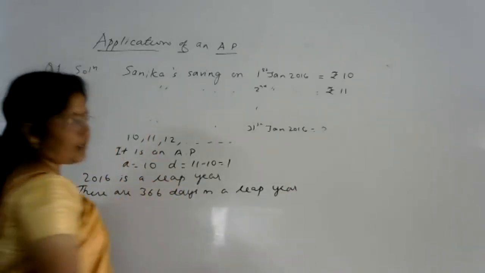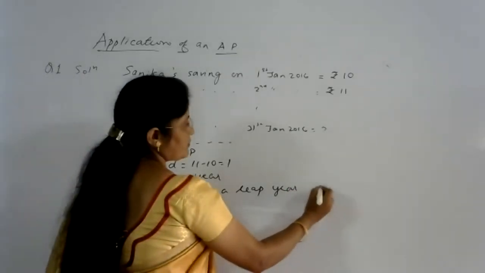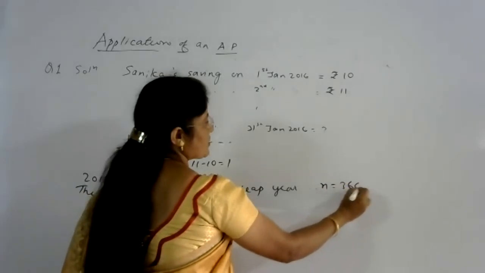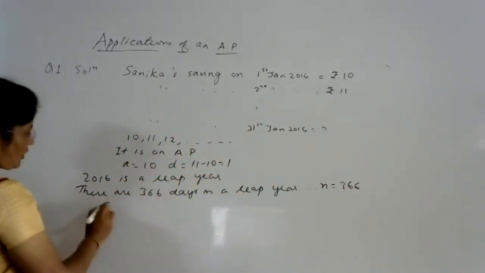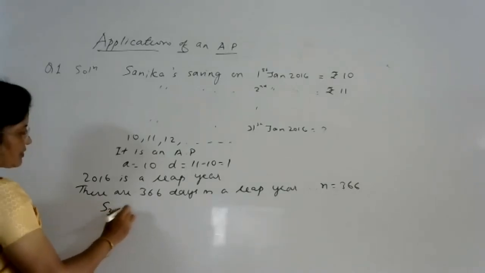So what is n here? n is equal to 366. So you have to find the value of S 366.